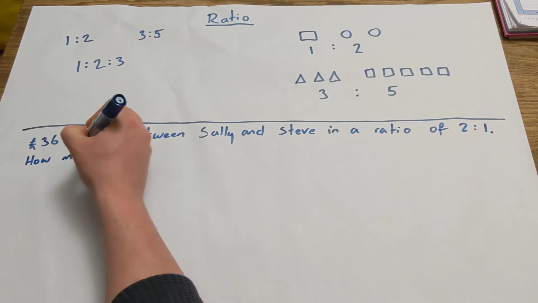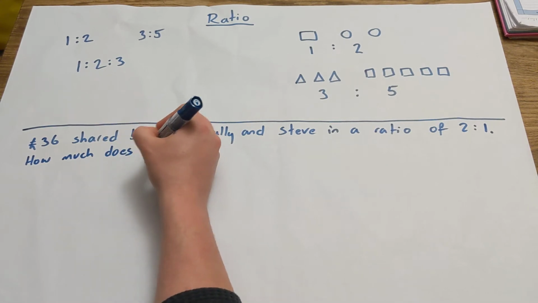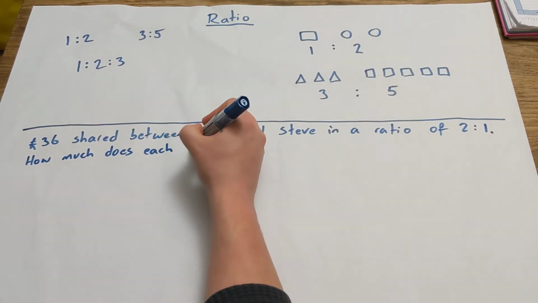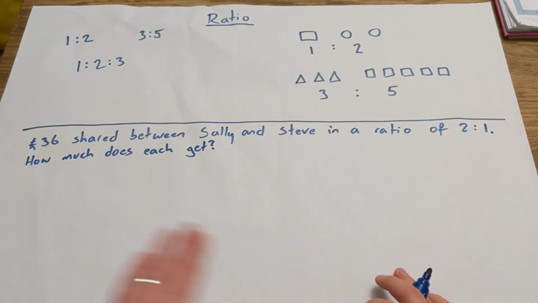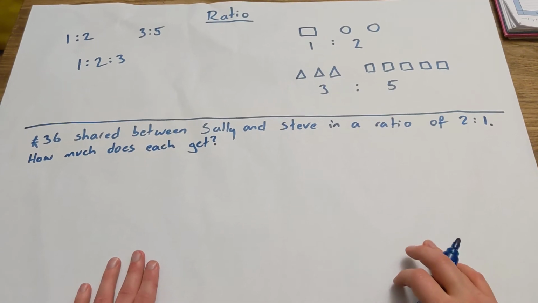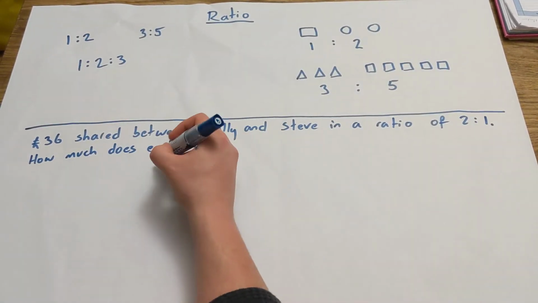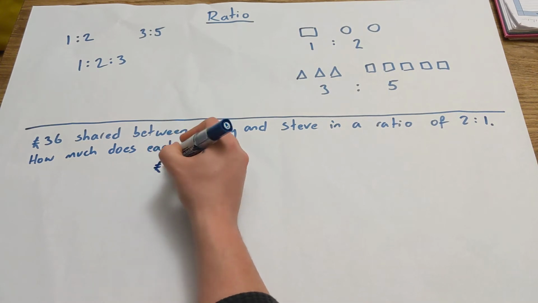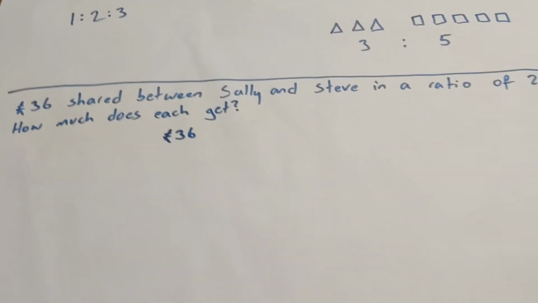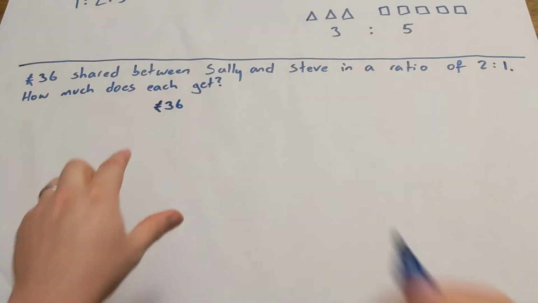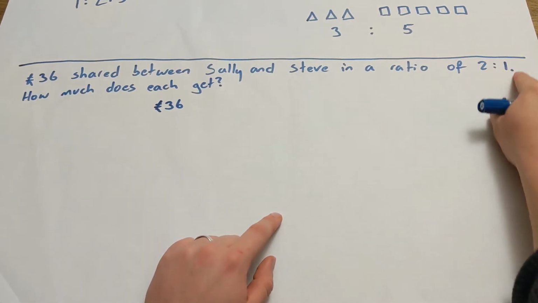There's a process to this. First off, we'll write down the number we have. We have £36. Now, does £36 represent the 2, the 1, or the total?